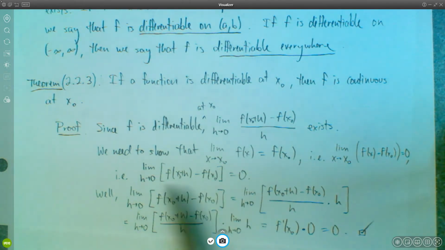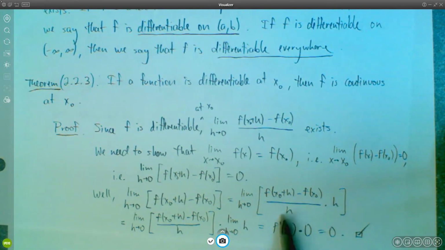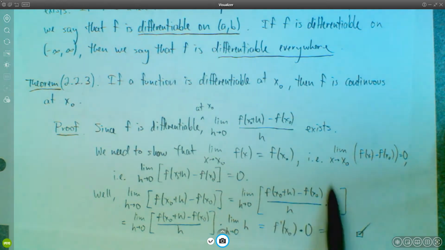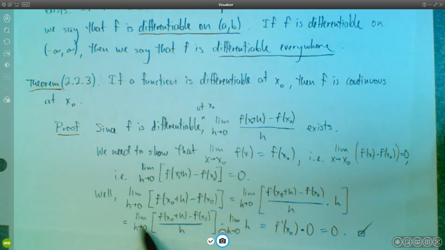And you'll notice that that's really similar to what the derivative is. Notice that for the limit as h approaches 0 of this thing, we can multiply by h over h. That doesn't change anything because we're really just multiplying by 1. Now this piece is just the derivative, which we know exists.